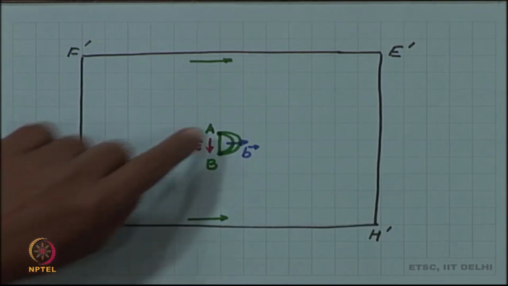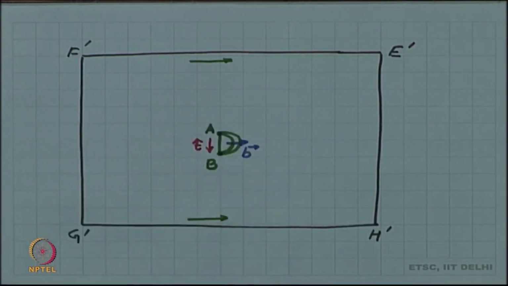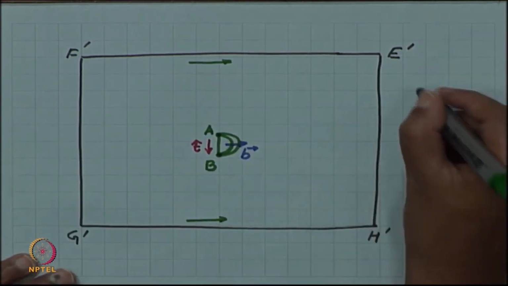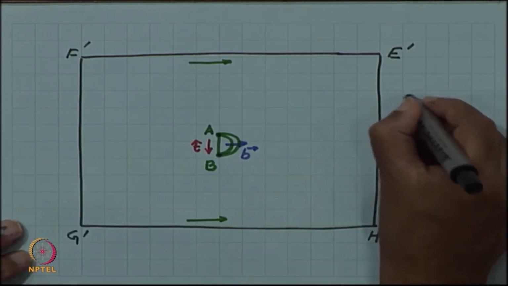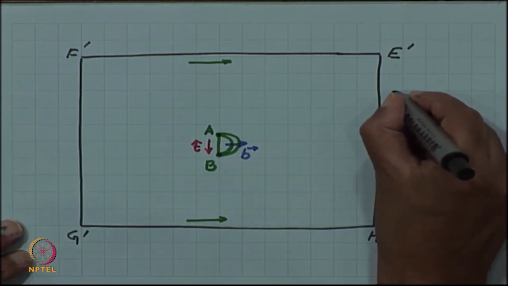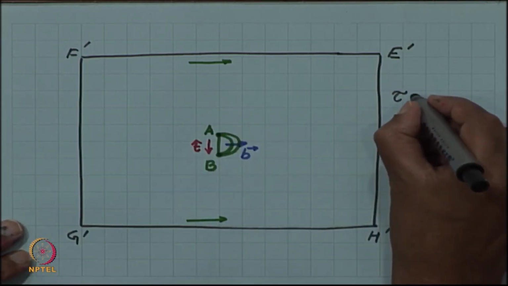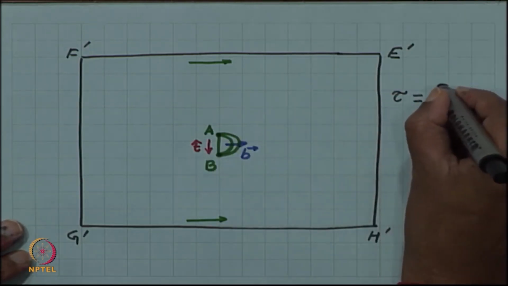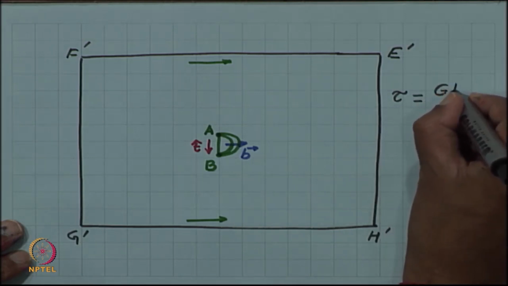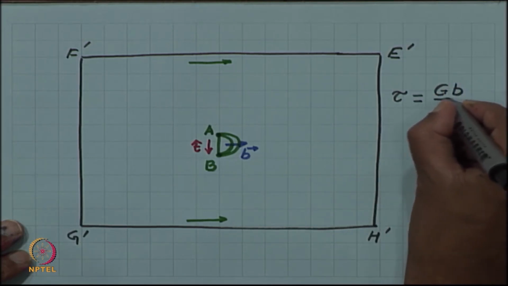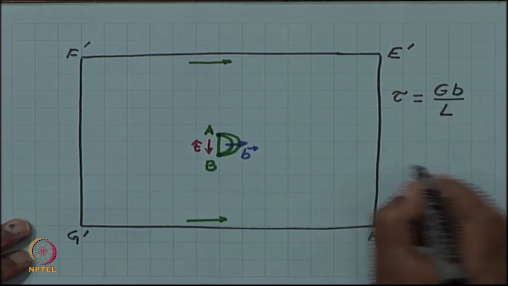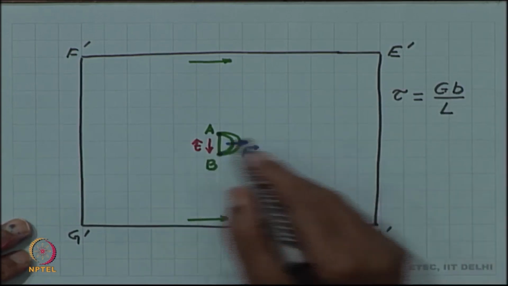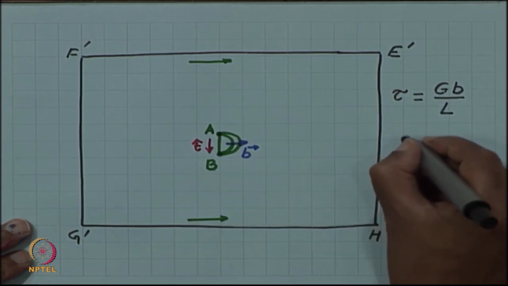And at some point it will take a semicircular shape. It can be shown, we are not going to, we will just accept this result, that the stress required to bow it into a semicircular shape is the shear stress Gb by L, where L is the length of the dislocation line segment AB.